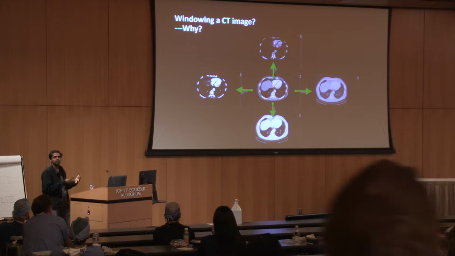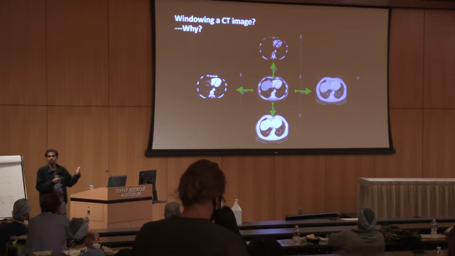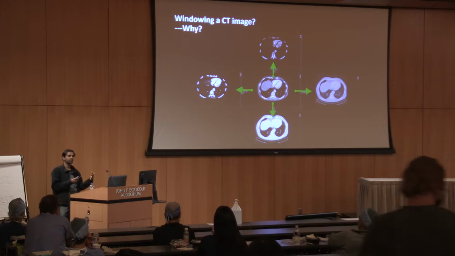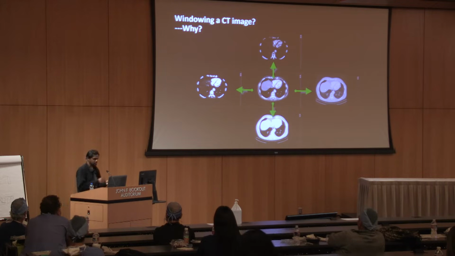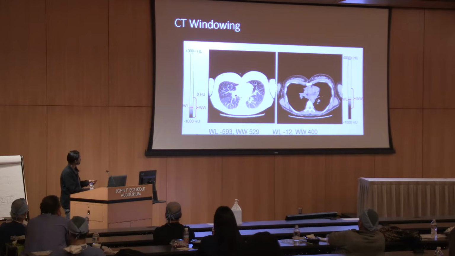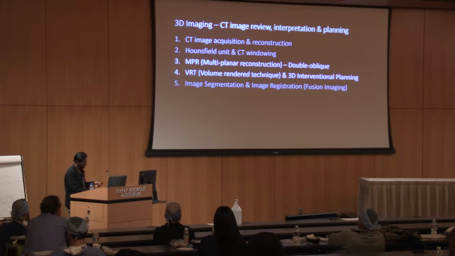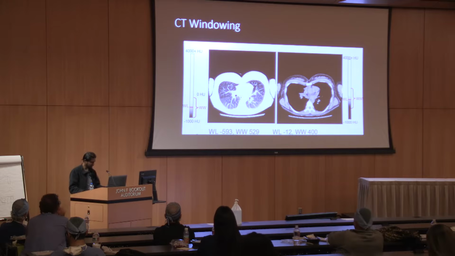The same can happen in pulmonary embolism, for example. You might look at the image in a non-optimal window value. I'm going to demonstrate in a second how you can read the CT images before we go to the multiplanar views.